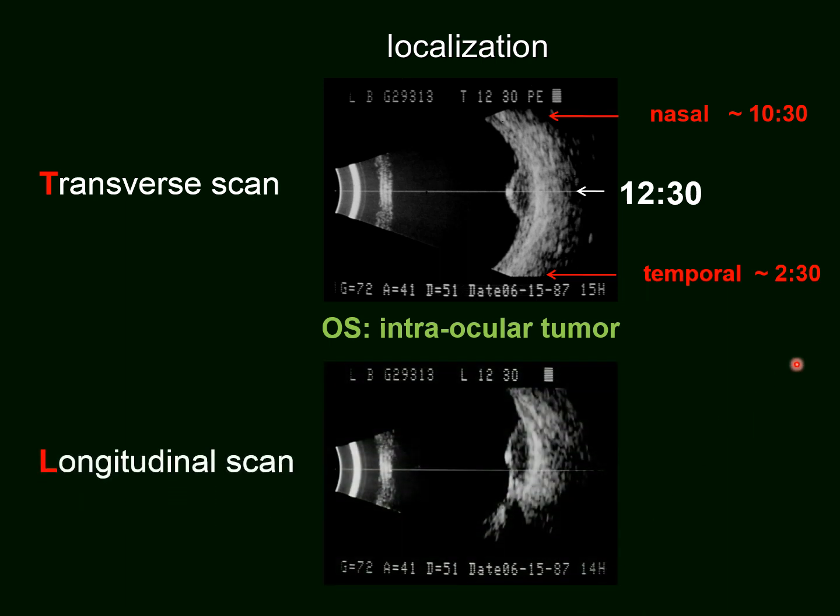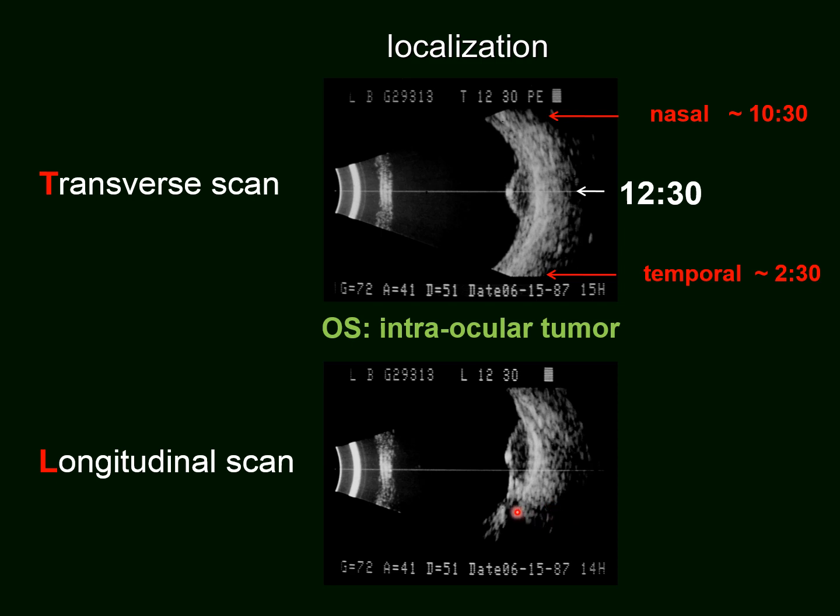And we complement this transverse scan with a longitudinal scan. The probe is turned 90 degrees, and this time the entire echogram is the 12:30 o'clock meridian, from anterior to posterior.